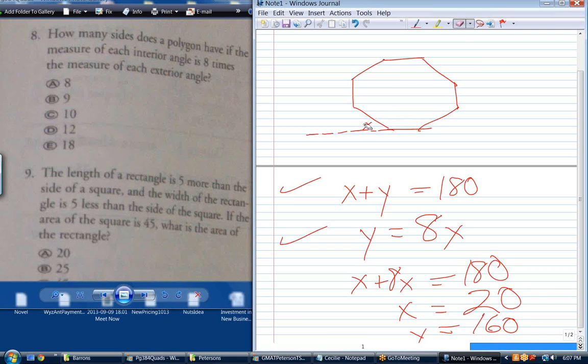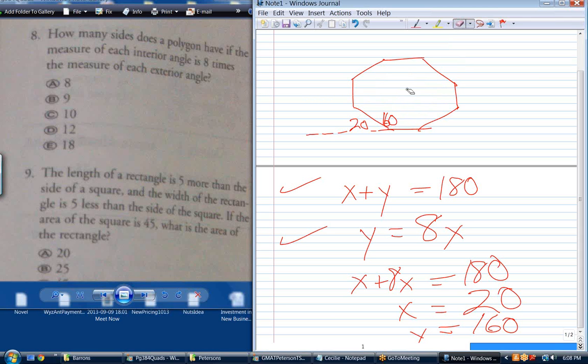So now let's see if that helps. If that's 20 and that's 160, then it's supposed to be 540 inside, right? No, we don't know because we don't know how many sides the figure has.